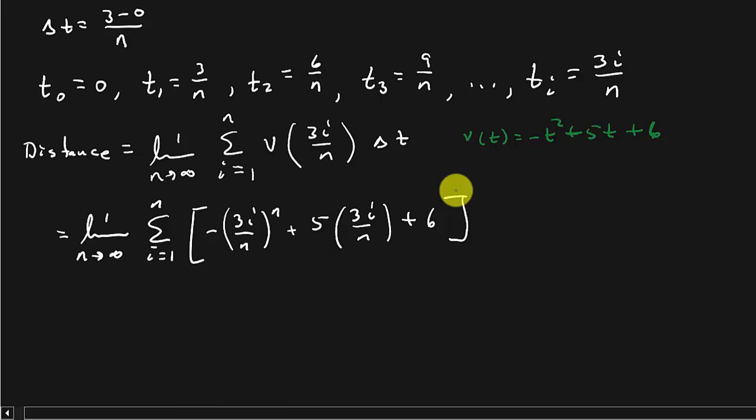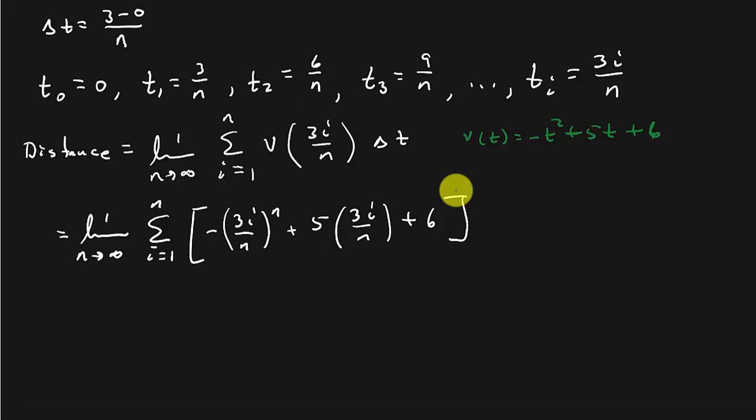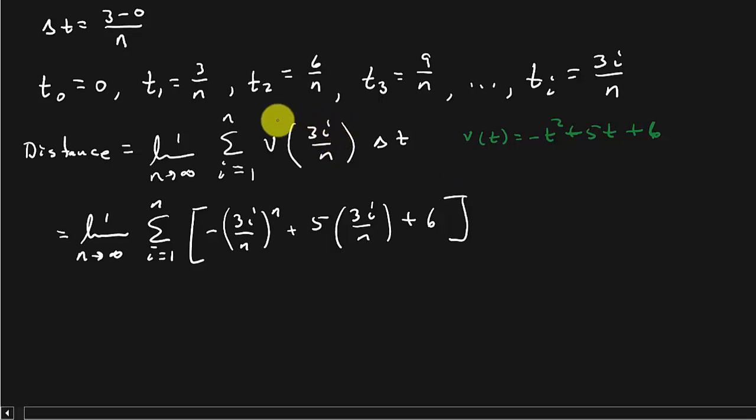How did I get that? Well, I'm doing V of 3i over n. So 3i over n, that's t. So I'm plugging 3i over n in for t.